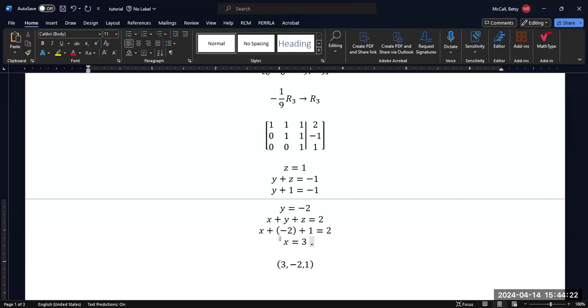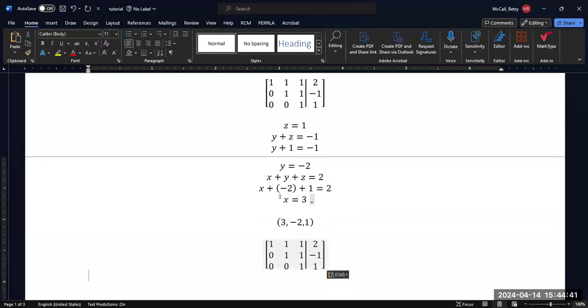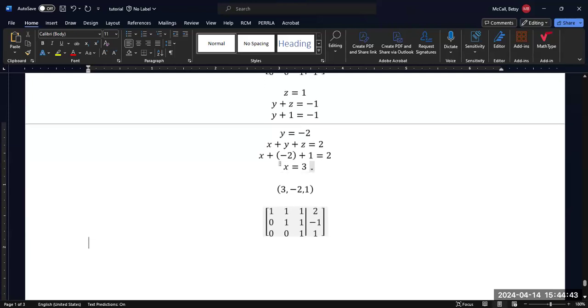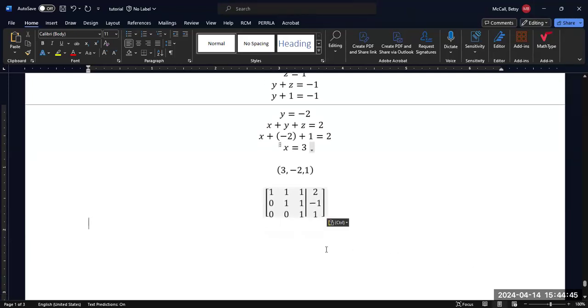Now, there are certain cases, particularly if you have a dependent system, where you must go to reduced echelon form in order to continue. You can't stop here. So we're going to continue solving it and verify that we do in fact get these same answers using the reduced echelon form instead of just echelon form.